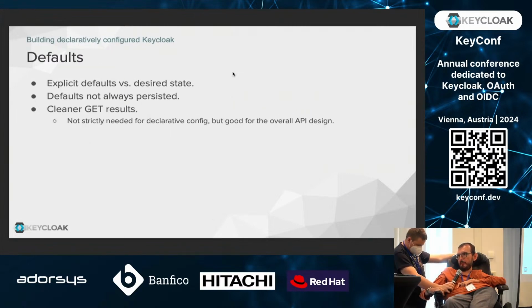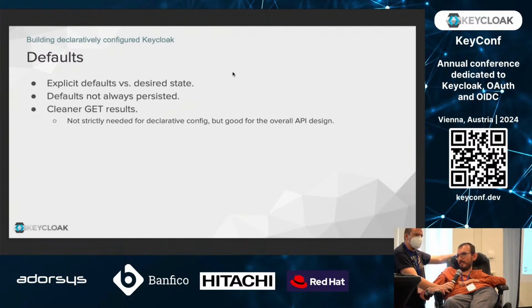And there is also the problem with the defaults, right? There is basically a fight between the explicit defaults that are added by Keycloak and the declarative configuration, the desired state, because I have a desired state and now it's somehow enriched by Keycloak. There's a mismatch, so obviously we will have to tackle this as well.